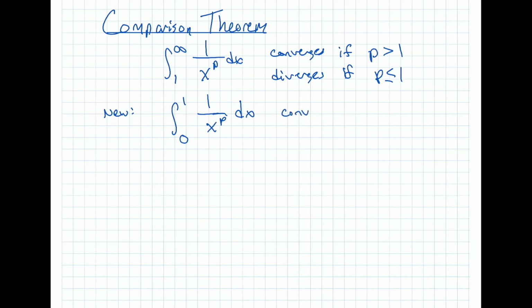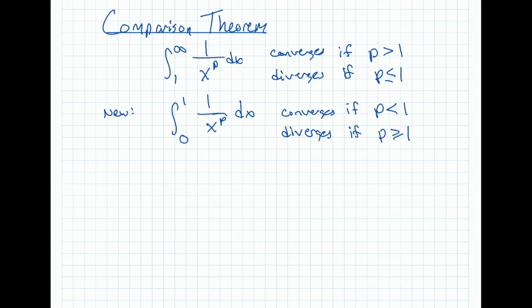So this one converges if p is less than 1 and diverges if p is greater than or equal to 1. And you'll notice that p equals 1 is here on the diverges side, and p equals 1 is here on the diverges side. So when p is 1, no matter what, it diverges, basically.